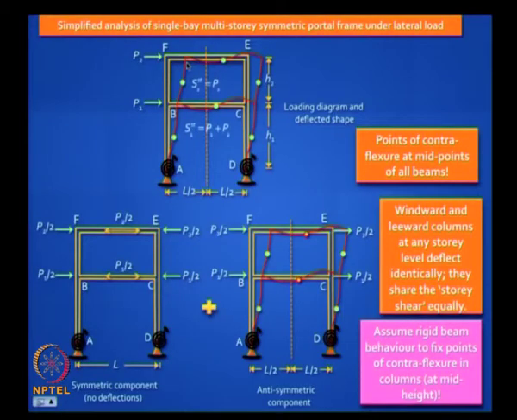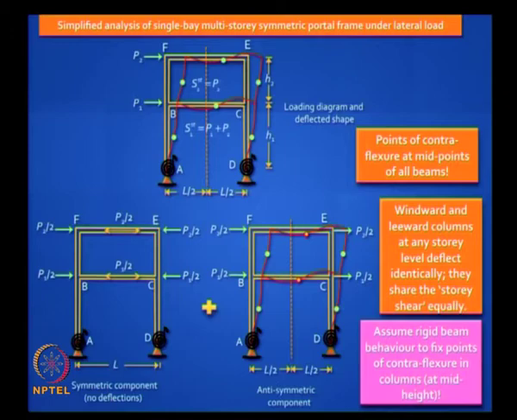So why would you assume that? Intuitively, isn't it that the windward side should deflect more, since that is where the loading is coming directly? By the way, if you really look at a building, that is also a misconception. Let us say the wind is blowing in this direction and you have a building here.